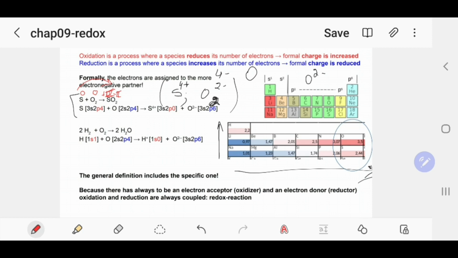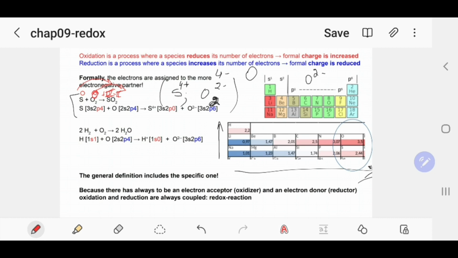And by this, the charge of the other element will definitely increase because it's losing its electron. So it will be oxidized. And the oxygen passing from 0 to -2, here we have a decrease of charges, or a reduction of charges, and therefore the oxygen was reduced.